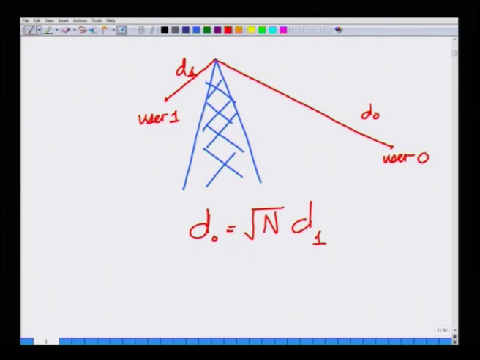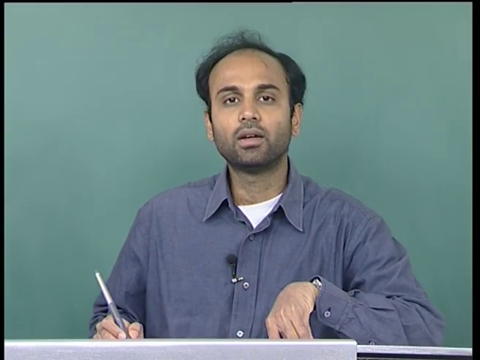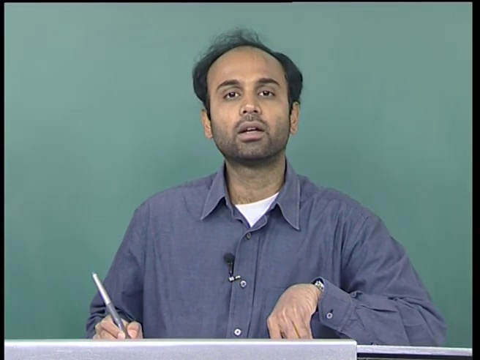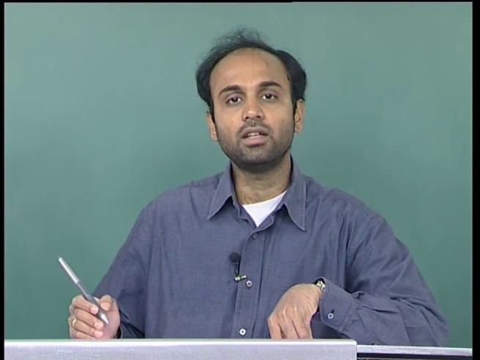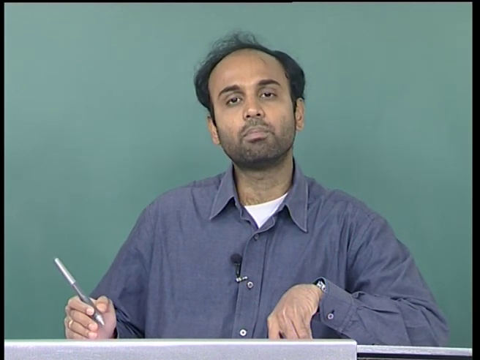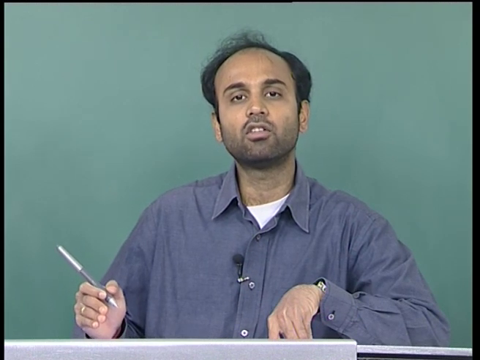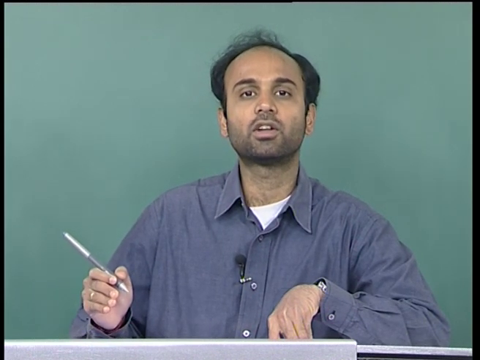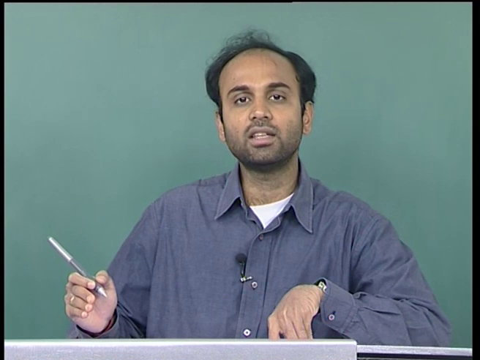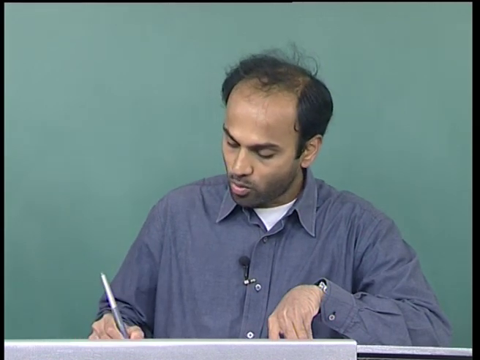Now, we also know that as the distance increases, because of path loss, the transmit power decays as a function of 1 over d square. That is, if the transmit power is Pt, at a distance d, the power received equals Pt over d square.